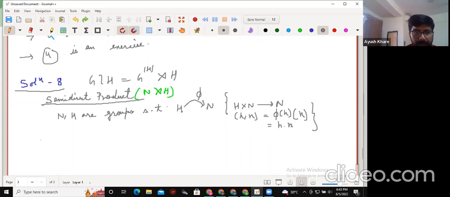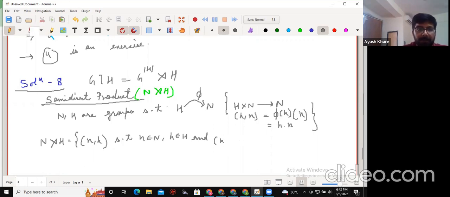Okay, so if you have a group action of such kind, then you can define the semi-direct product n semi-direct product H as the set of all elements n comma h, such that your n is from the group n, h is from the group H, and the group operation is... I can write the group operation separately.